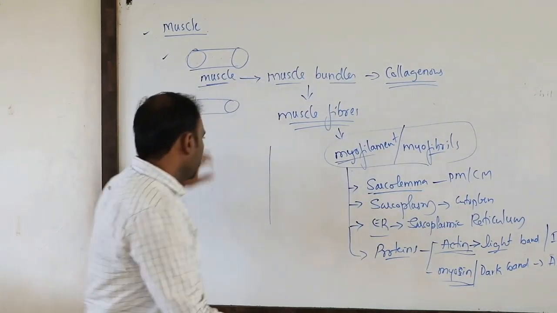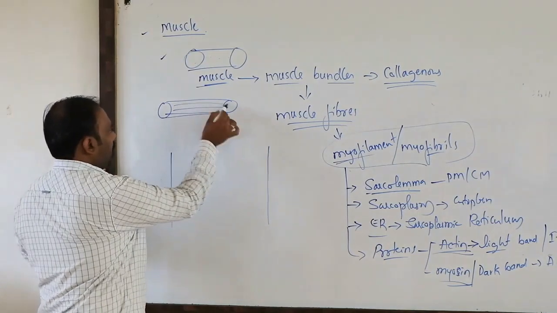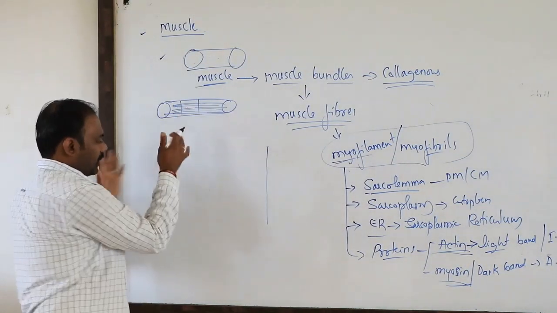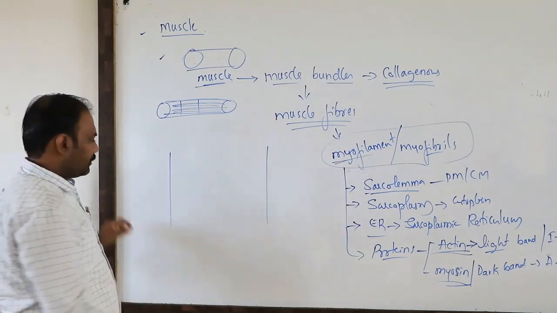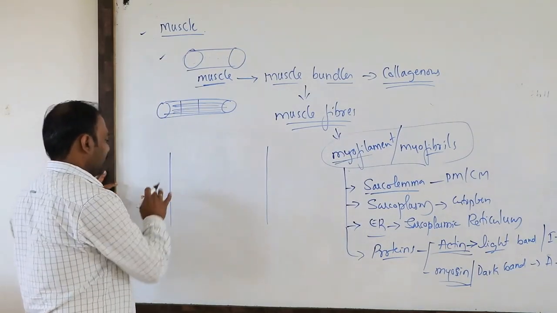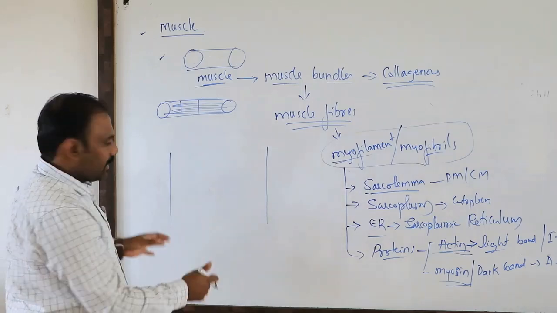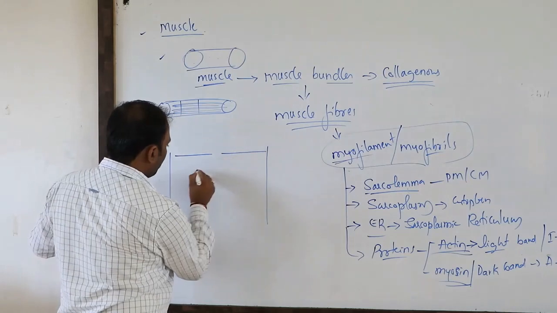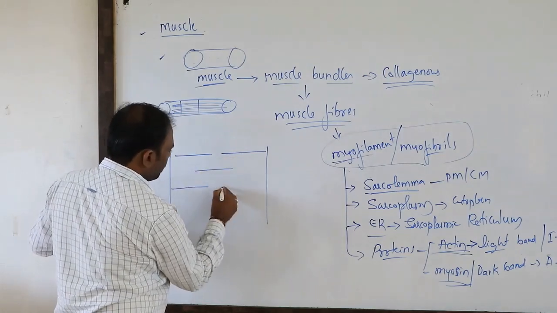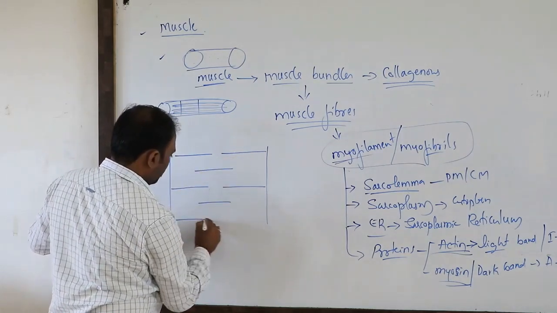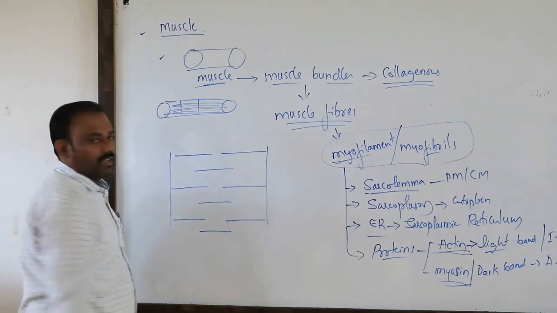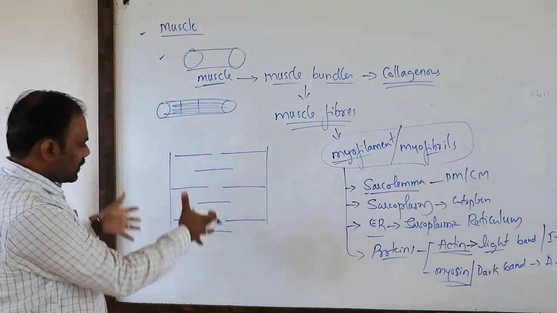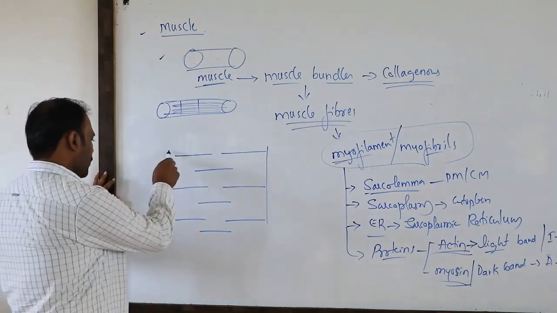In the muscle bundle we have many myofibrils, the structural units. In that, I will take one small unit. So this is one small structural unit, that is one muscle unit.